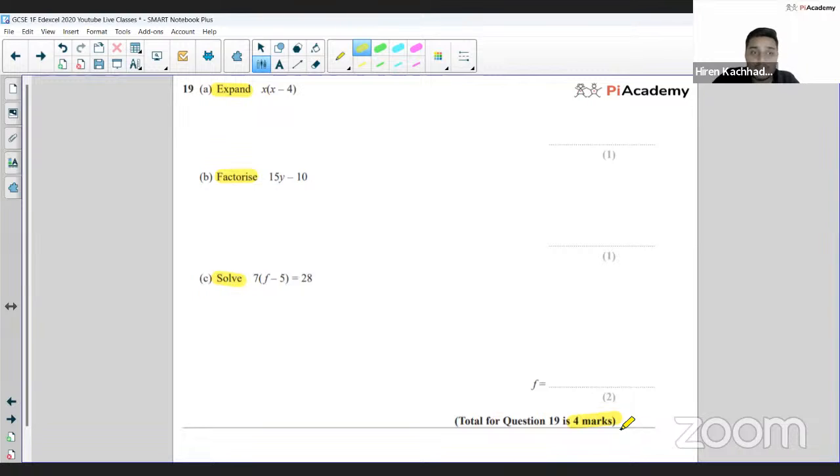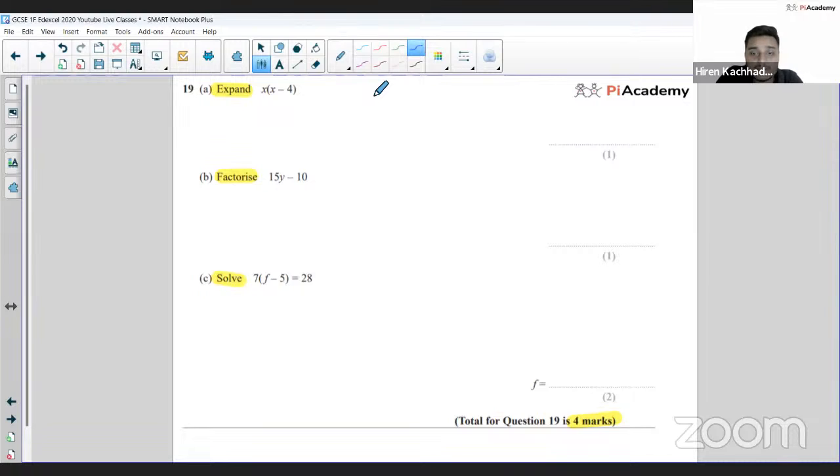For the A part, solve B and C as well. Everyone, you have 45 seconds.